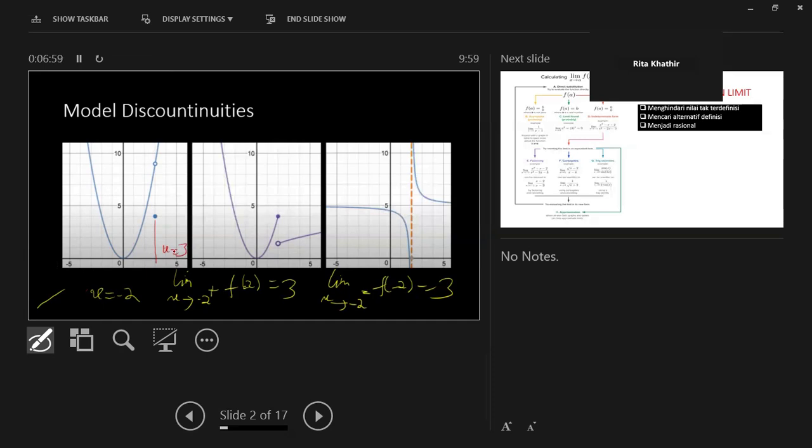You cannot determine the value of y as 9. That is the problem. But the value is 4. Because of this, you cannot continue the line. So if you cannot continue, that means discontinued.